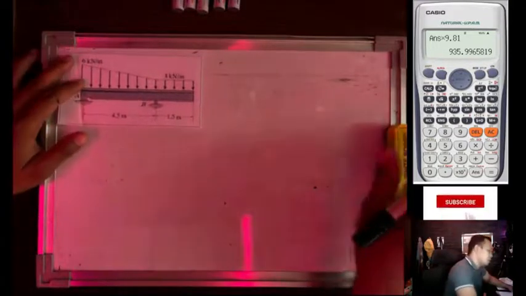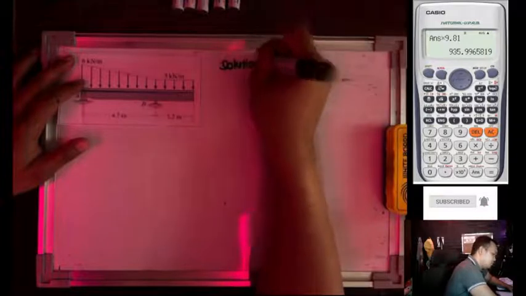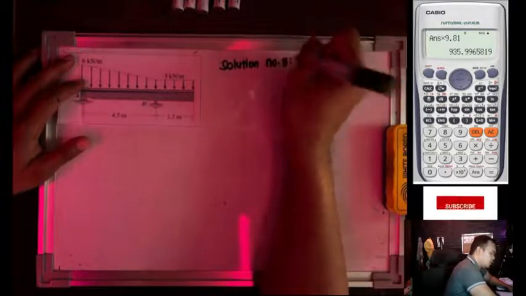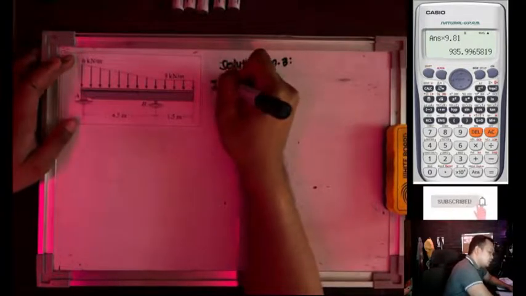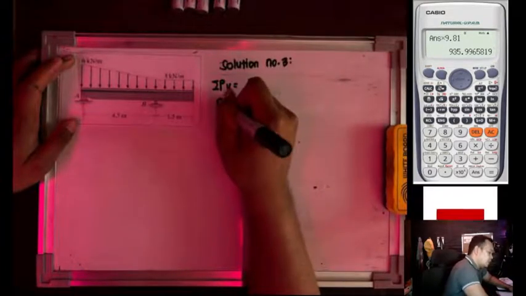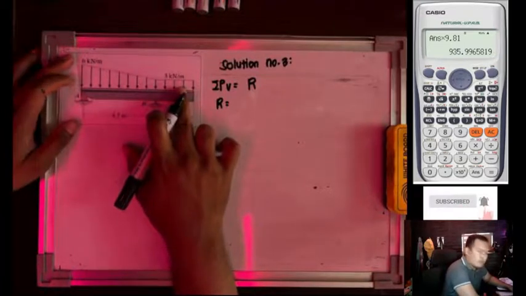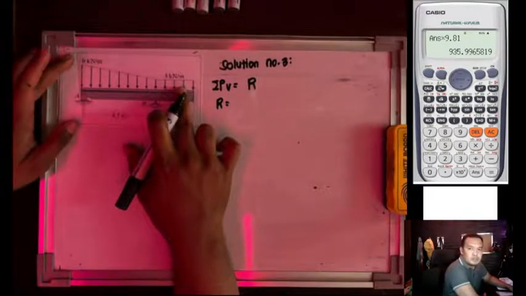So, solution number 3. We have summation of forces vertical equivalent to the resultant. R is equivalent to all the loads, that will be the resultant force.